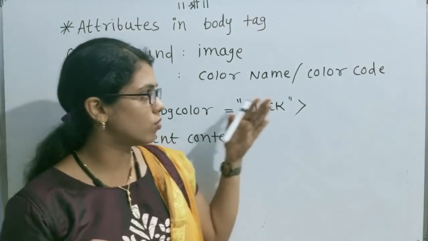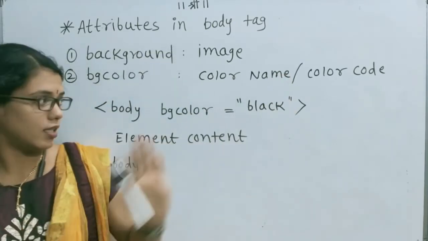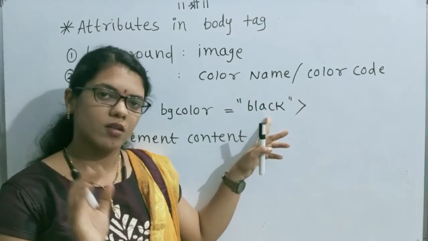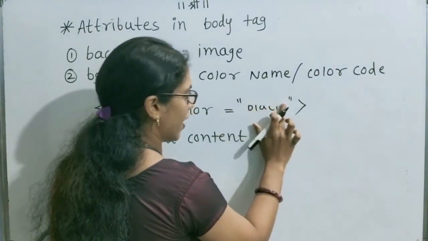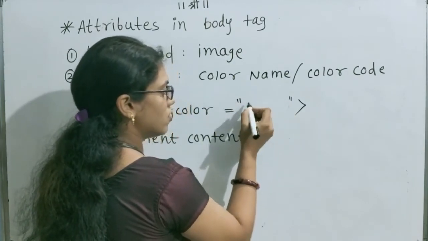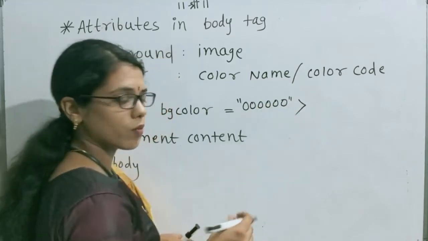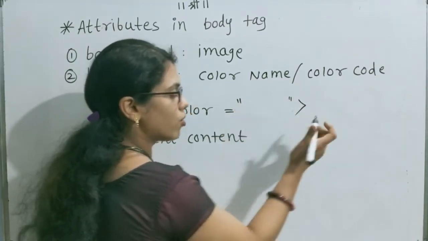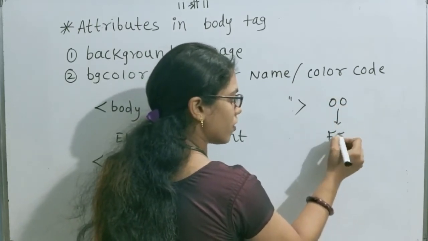But if you know all the color codes of colors, then instead of using a simple text color name, you can give a color code. For example, instead of black, you can use 000 also, or you can use any color code. You have a choice of 00 to FF.